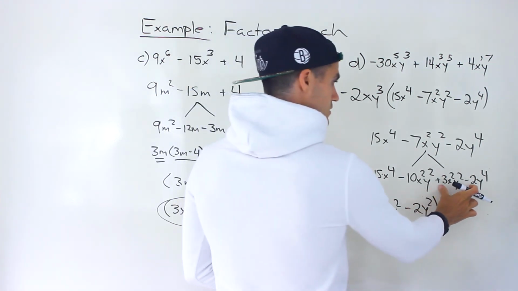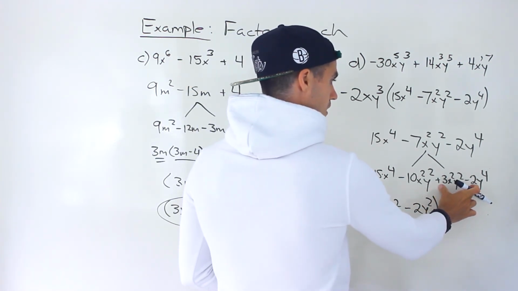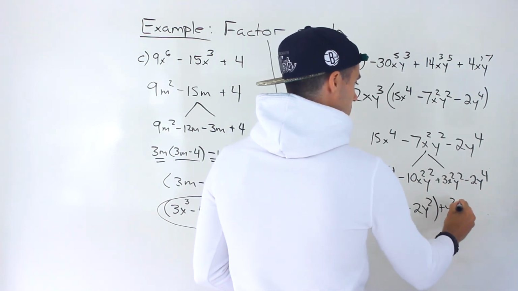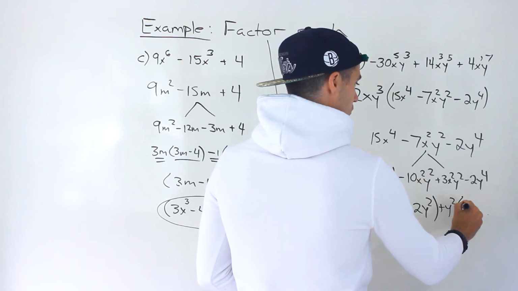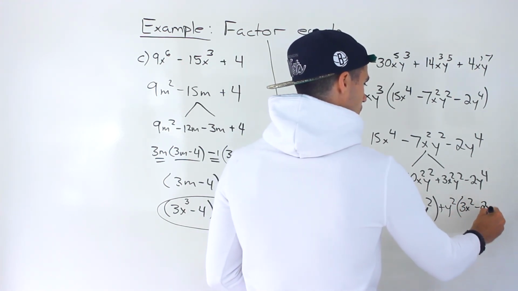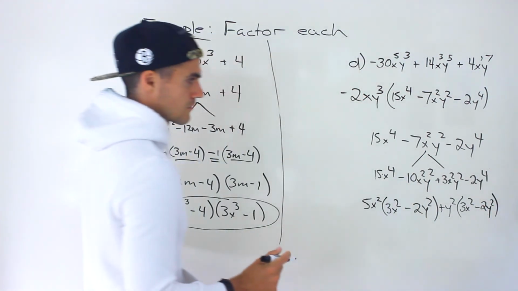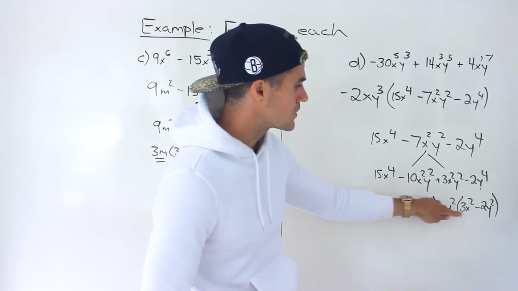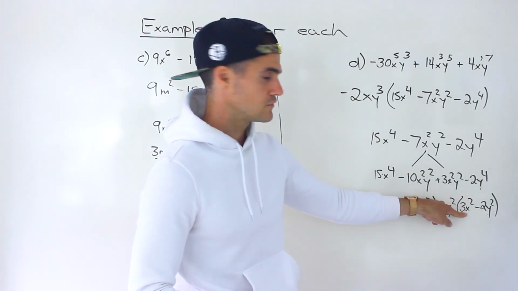Now from these two, from the 3 and 2, we can't take anything out, but y to the 2, y to the 4, we could take out a y to the 2. So what would we be left with? 3x squared minus 2y squared. Right? If we take both of these expressions divided by the y squared, we'd end up with those two respective expressions right there.